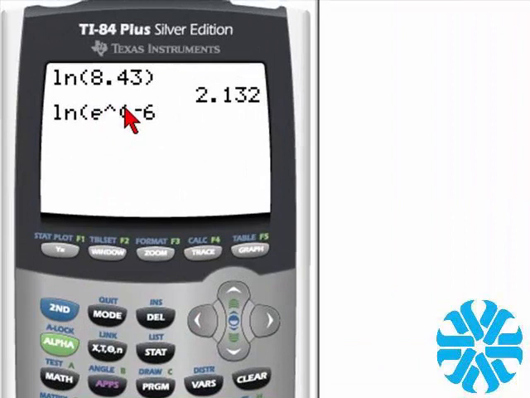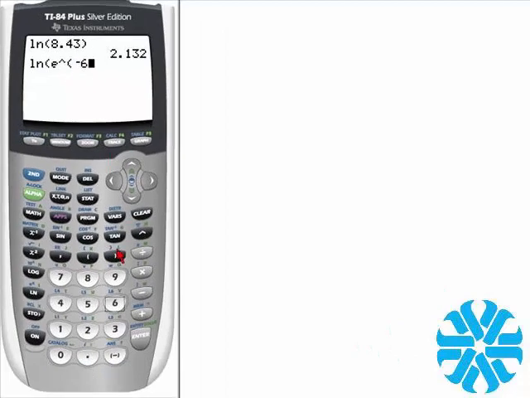Now, notice that that e key put a left-hand parenthesis, so we need to close that. Then we need to close this left-hand parenthesis for the natural log. And then we hit enter, and I know that this value is going to end up being -6, and you'll learn this property later on. And there you have it.